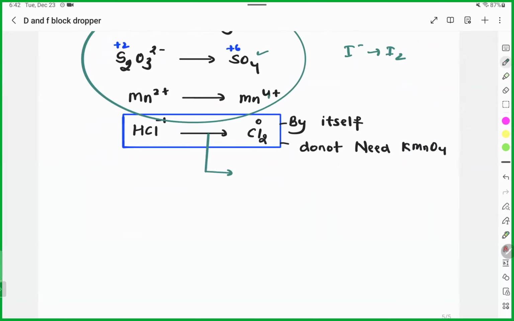Chandana, you tell me, because you did this before. Sir, HCl is converting into chlorine. How is that possible?